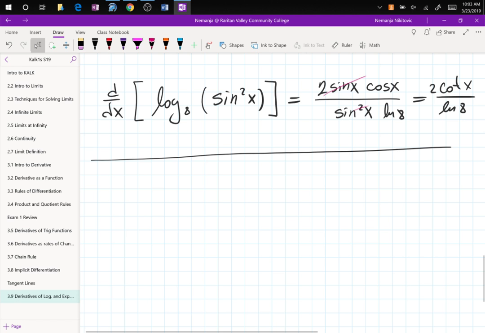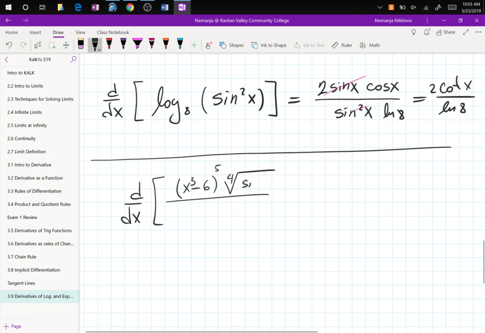So if you look at the problem, the derivative of, and now you have something really crazy. Let's say you have x cubed minus 6 raised to the 5th power times the 4th root of, I don't know, sine x. And then now all of this divided by x squared cotangent 3x.